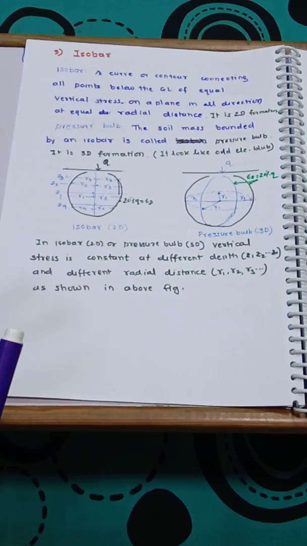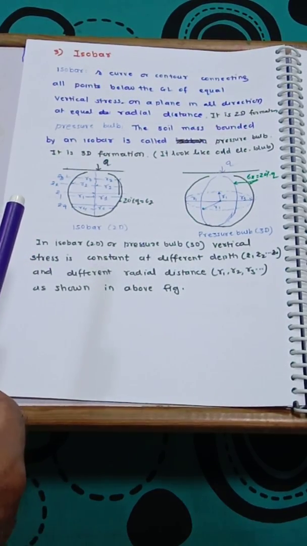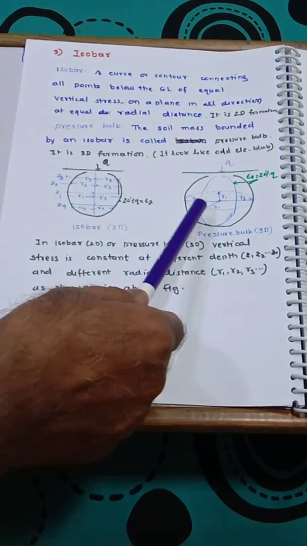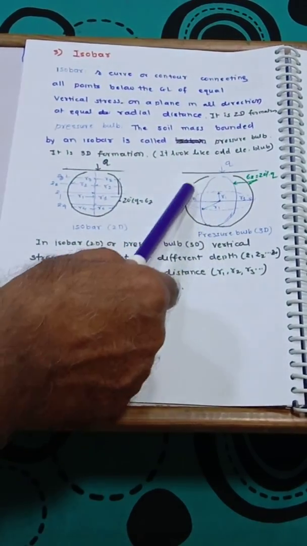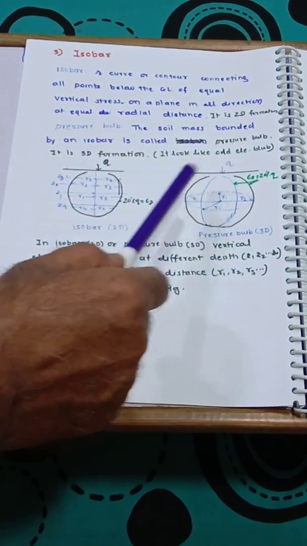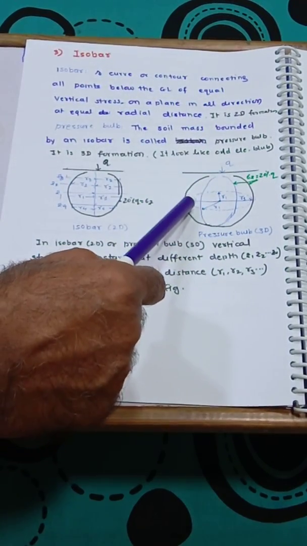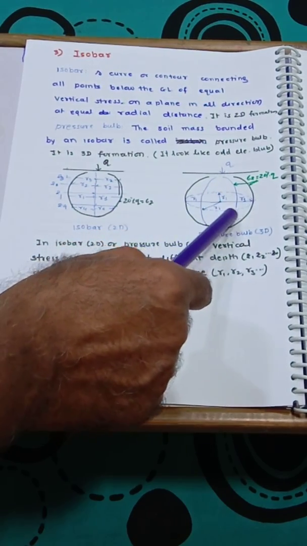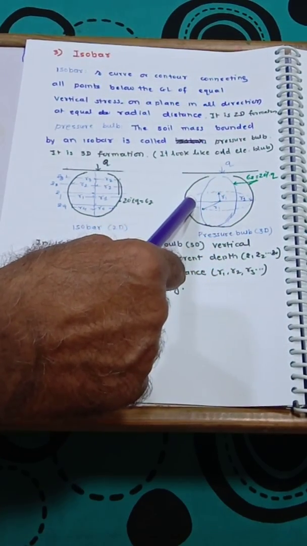Now if I change the depth, again I'll keep sigma Z constant. Let us say this diagram. This is a plane I consider.